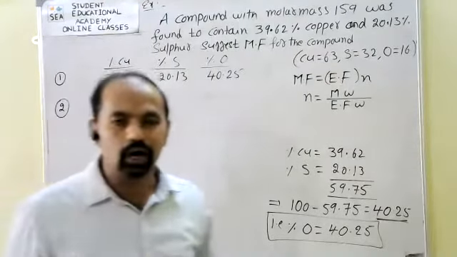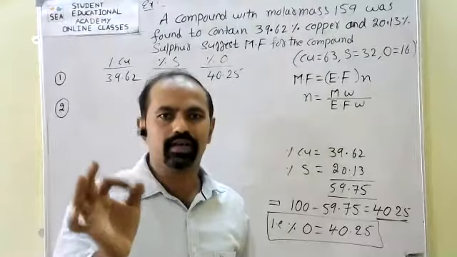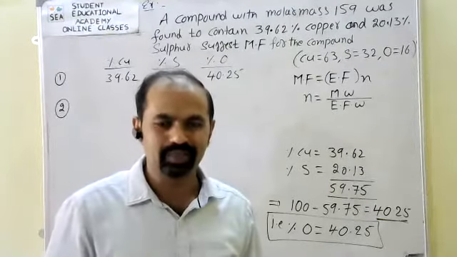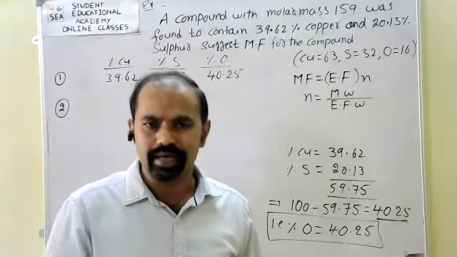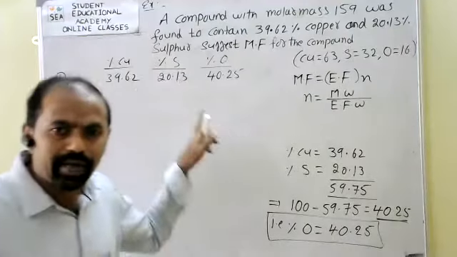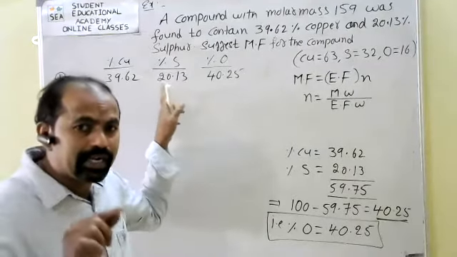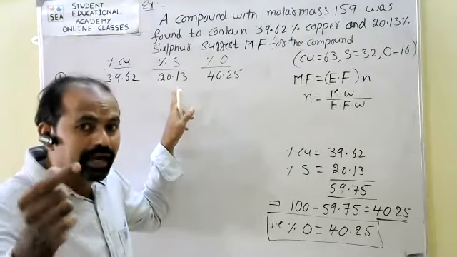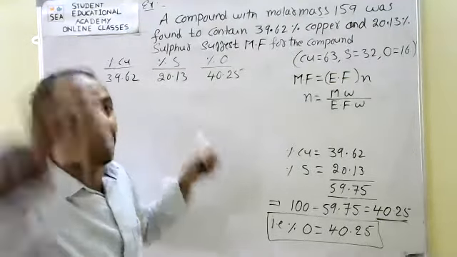Now step 2: find out the number of moles of each element. Number of moles is nothing but the given percentage by weight divided by the corresponding element's atomic mass.